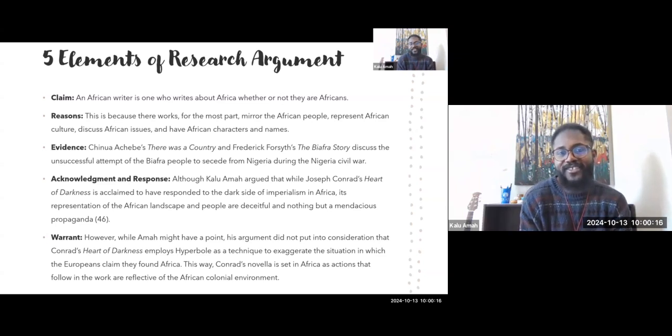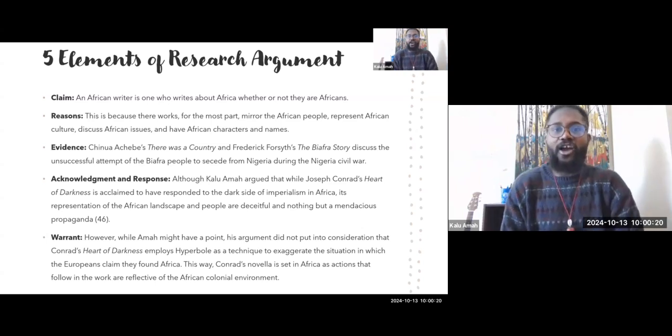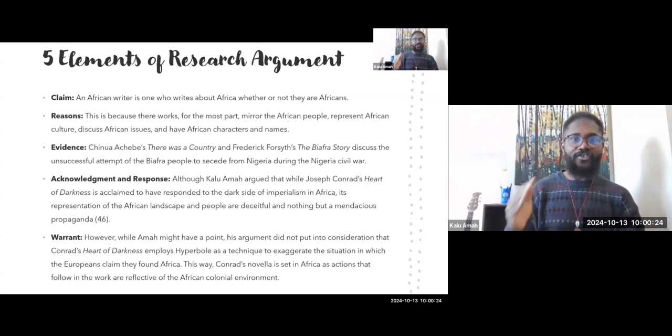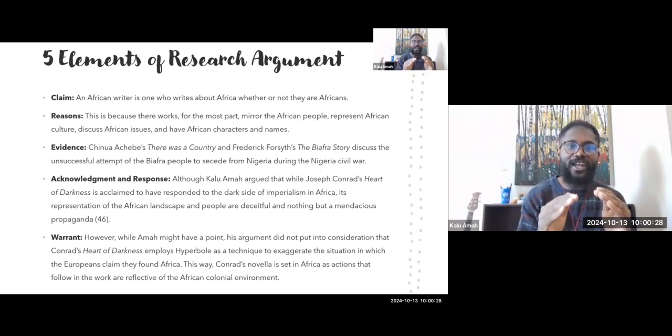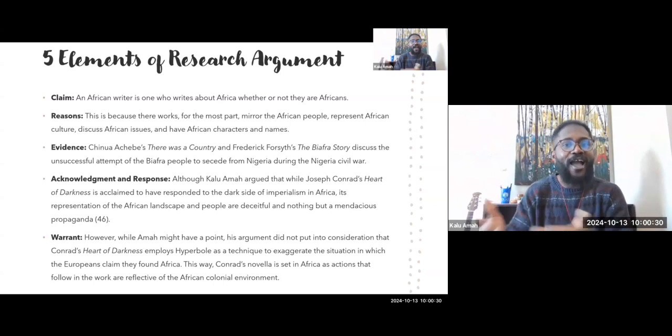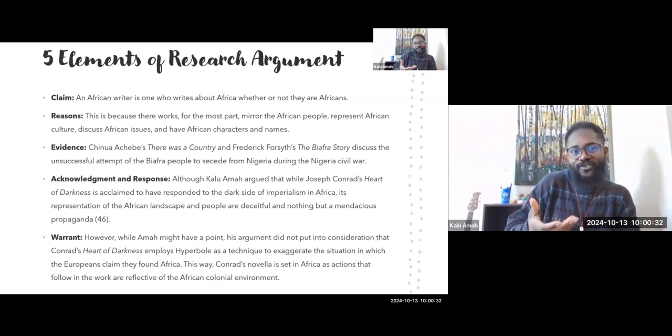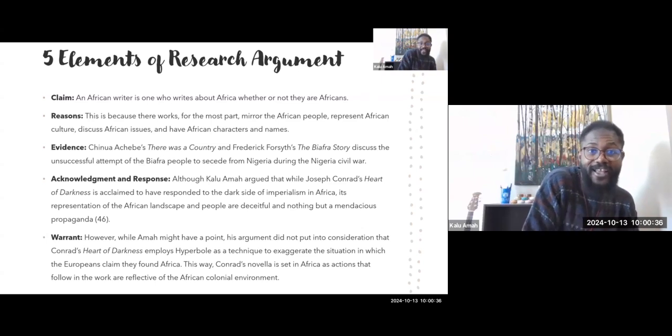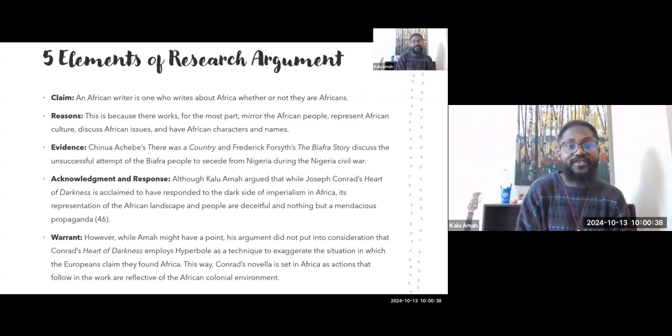So imagine you are presenting this at a conference, and after backing it up with evidence, I almost stood up to say, no, I can't agree with this because Conrad's Heart of Darkness is... you'll be like, hold your horses. Although Kalu Amma... so you're not only bringing up that contradiction, you also go ahead and clear it, trying to solve that argument I might already be nursing by asking me to hold my horses.